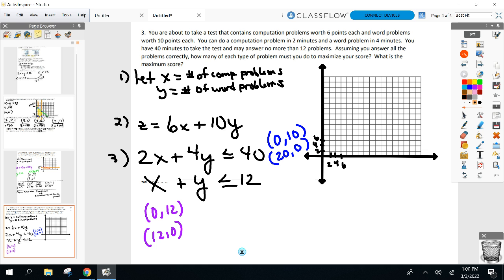You said it, so I got to go up to 20. 8, 10, 12, 14, 16, 18, 20. And I got to go up to 12 here. Take your time because these lines are almost going to be right on top of each other. 0, 10 is on the y-axis, 20, 0 on the x-axis.